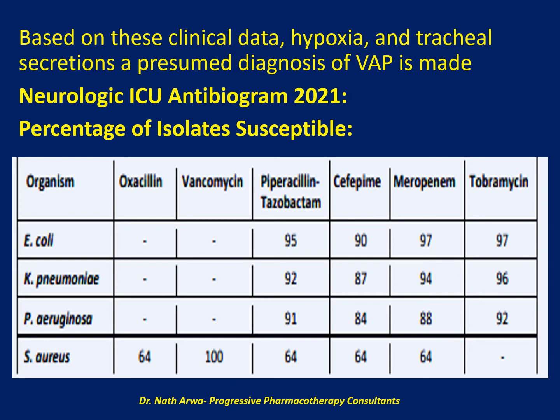So based on this clinical data, hypoxia and tracheal secretions, a presumed diagnosis of VAP is made, and the figure below shows the antibiogram of the neurologic ICU at your hospital as per 2021 data. It shows the percentage of isolates susceptible, so I would also recommend you pause this video at this point and scrutinize it because it will help you make the correct choice of antibiotic for the therapy.